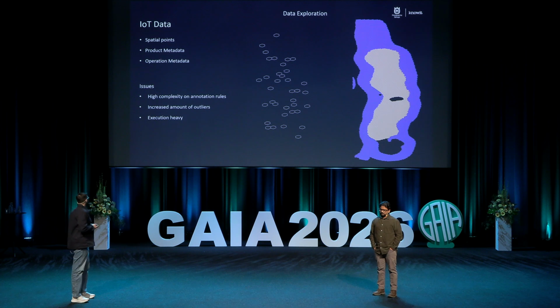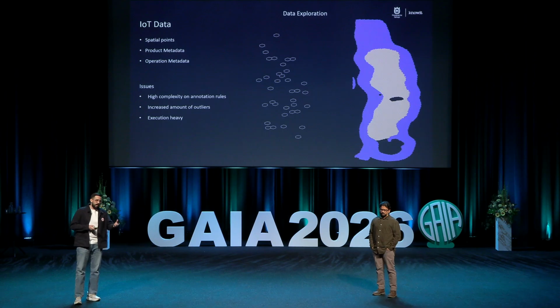In order to give the labels to these cells, we utilize product and operation metadata. The product metadata are mostly focused on the mowers, for example, what model it is, while the operation are mostly focusing on the mowing process, what mowing cycles we have, what is the charging schedule, and so on.